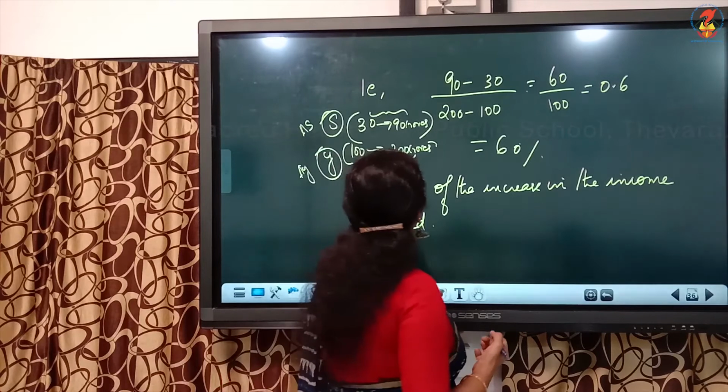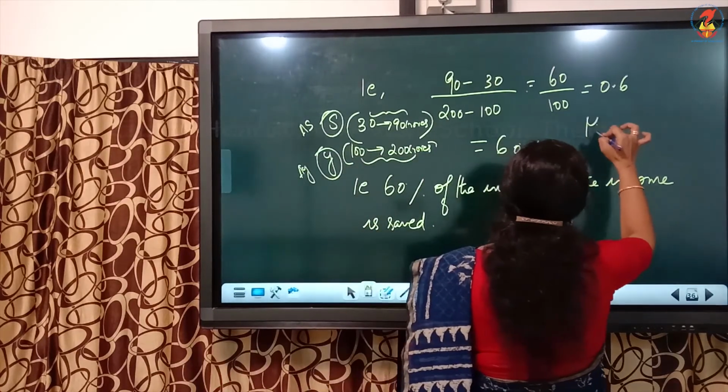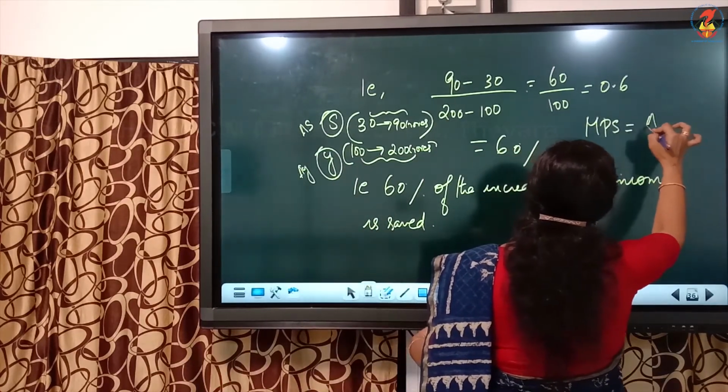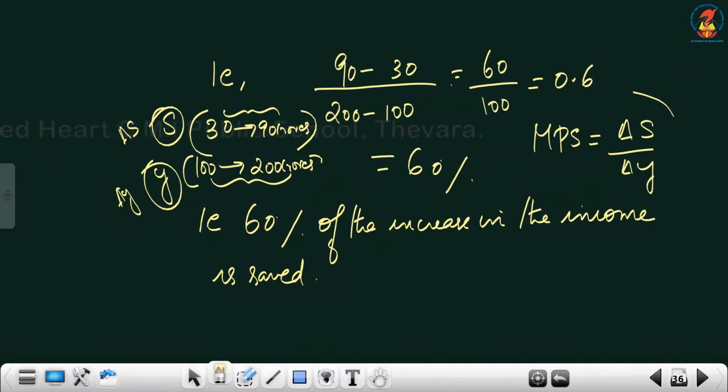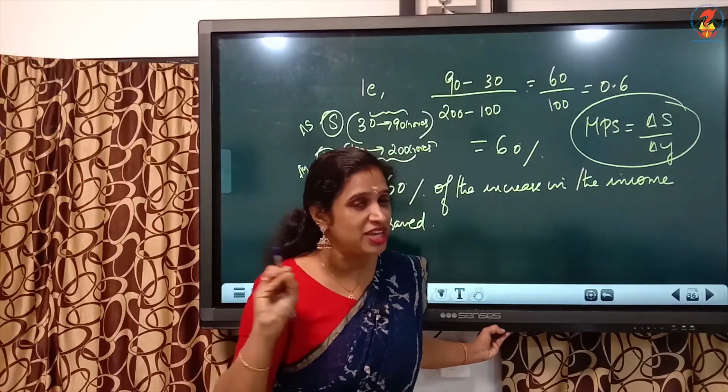Therefore, we can write the formula of MPS as delta S by delta Y. So, MPS is delta S by delta Y. So, if MPC is delta C by delta Y, MPS is delta S by delta Y.